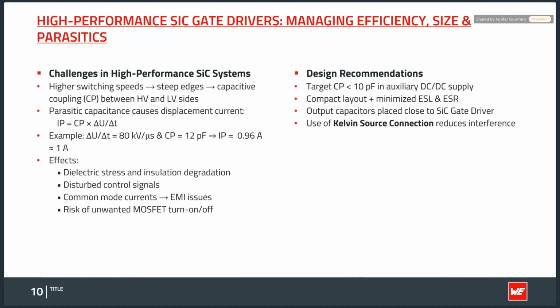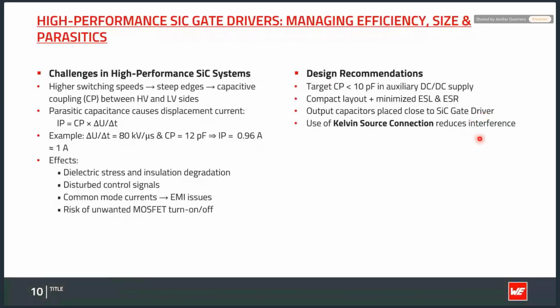Based on our experience and on the application notes that we have published over the years from Würth Elektronik, we recommend the following to keep the performance stable. Try to keep the parasitic capacitance below 10 picofarads in your isolated supply design. Use a very compact layout, short traces, and tight loops. Place your output capacitor as close as possible to the silicon carbide driver.